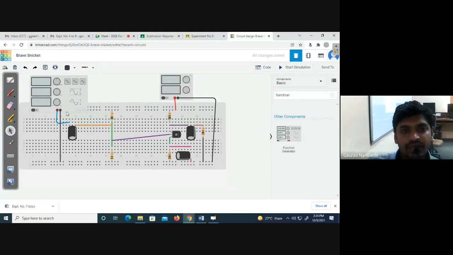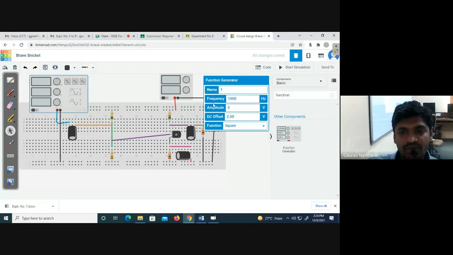Okay. So for the function generator, how much do we need to give? This DC offset voltage is 0.